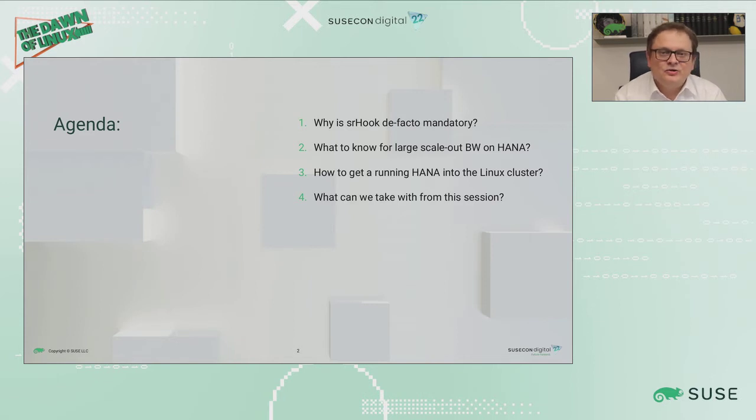Then we're going to talk about the large HANA scale-out clusters, especially for business warehouse use cases. Afterwards, as we've seen the need recently, we're going to talk about bringing existing HANA system replication setups, be it scale-up or scale-out, under the control of a SUSE cluster.